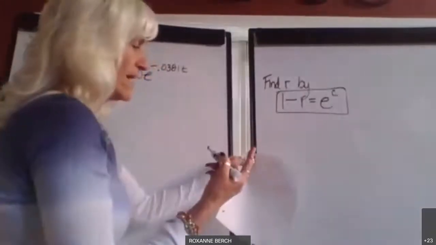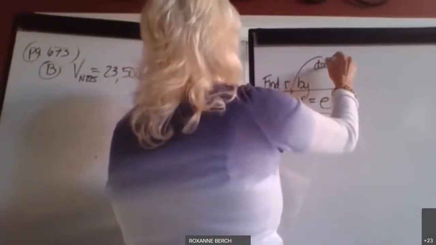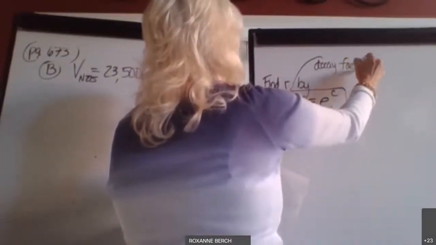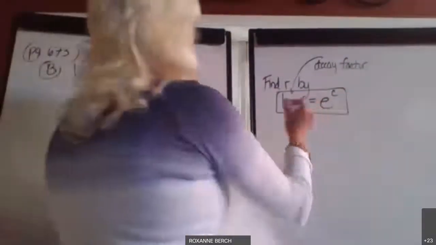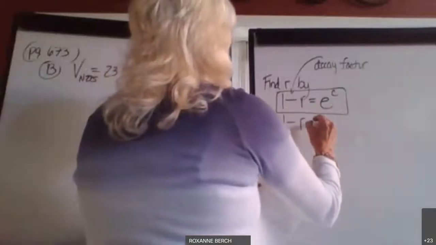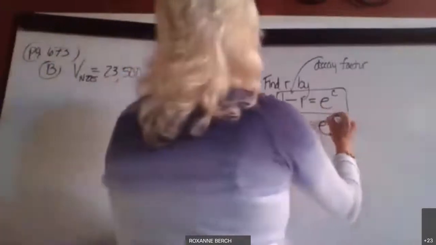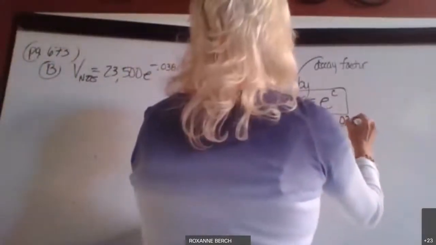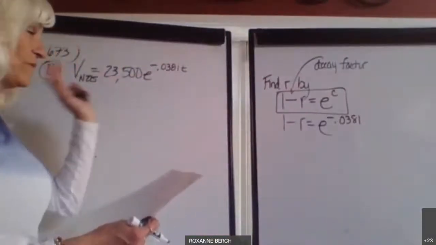And remember 1 minus R, that's your decay factor. And here we go. So we have 1 minus r equals e to the, this is in that form, negative 0.0381 without the t.